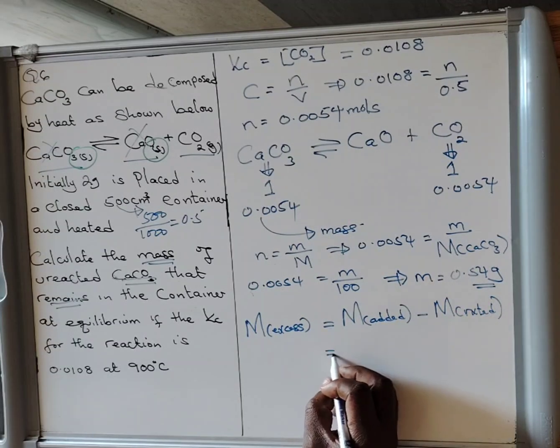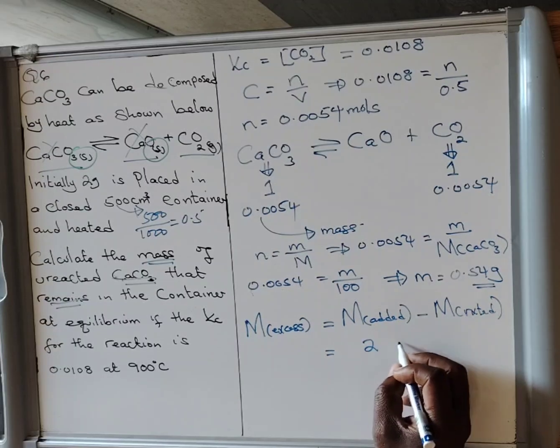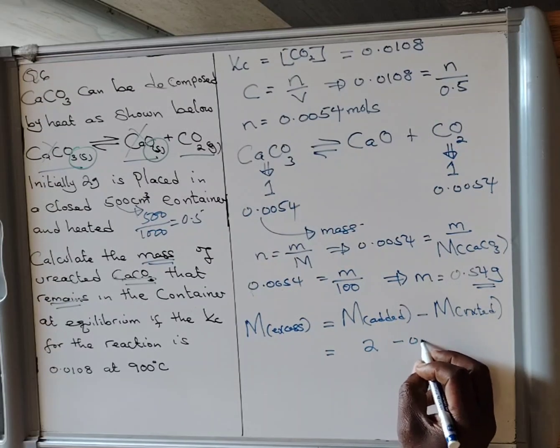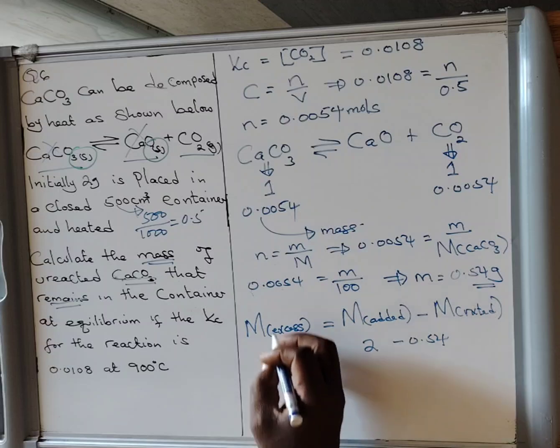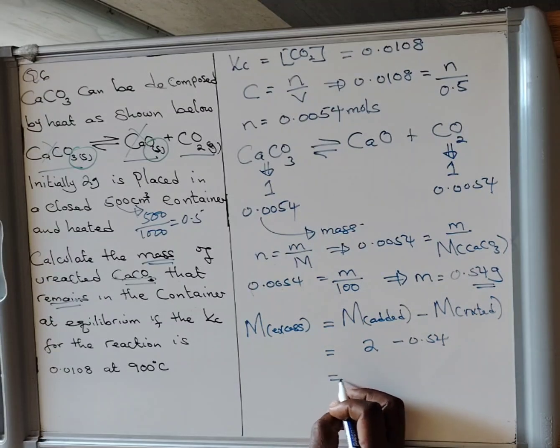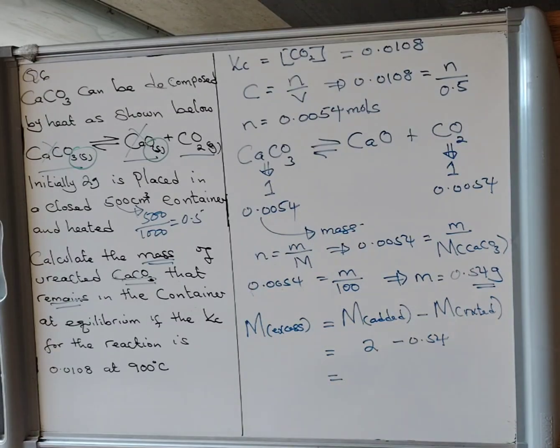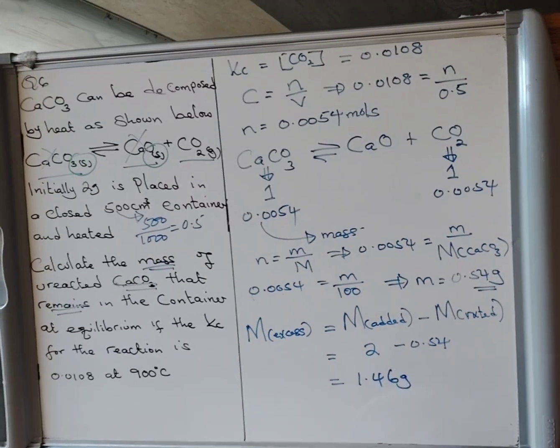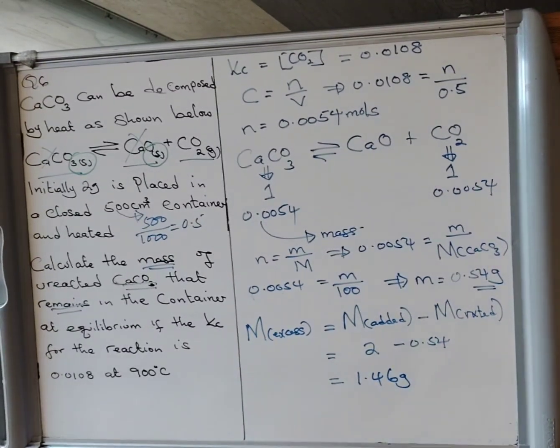So in this case, what was added? It was 2. What was reacted? It's 0.54. So the mass in excess which you have in the container is the difference there. The mass of calcium carbonate which remained unreacted in the container is 1.46.